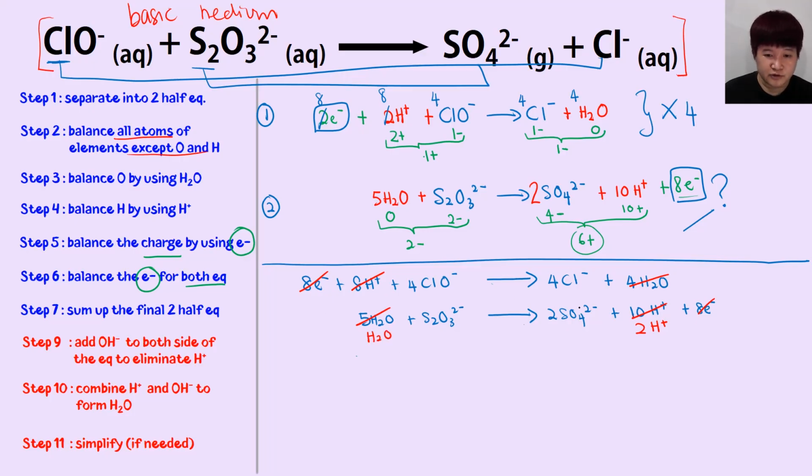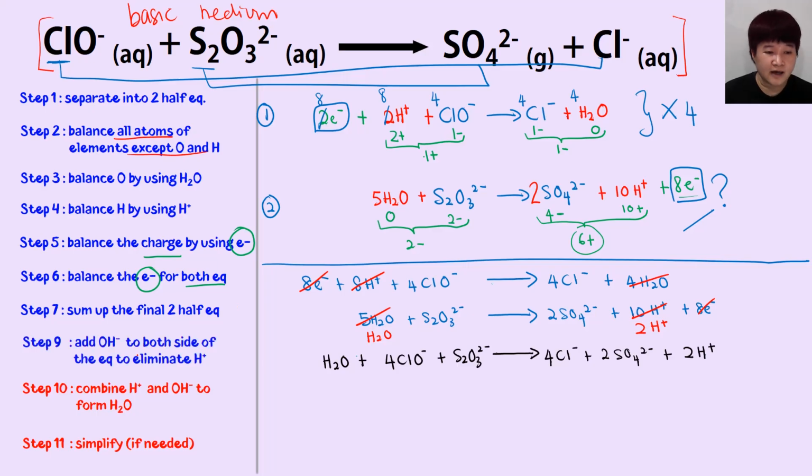And now nothing else repeated, therefore we are going to rewrite the equation. Everything on the reactant remain on the reactant. H2O plus 4 ClO minus plus S2O3 2 minus, forming 4 Cl minus plus 2 SO4 2 minus plus 2 H plus.